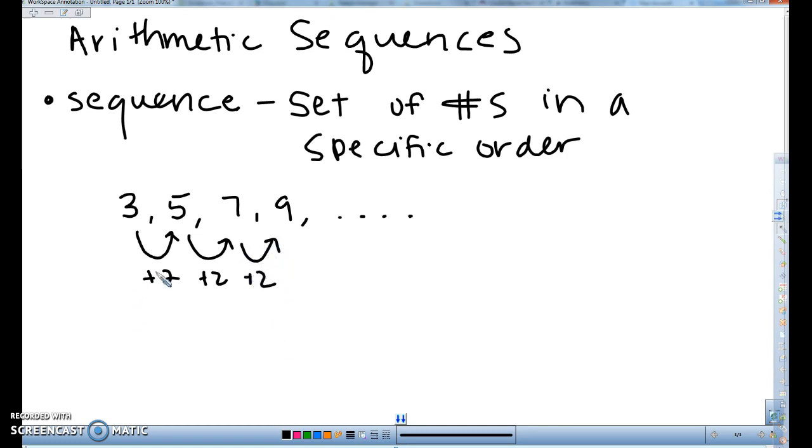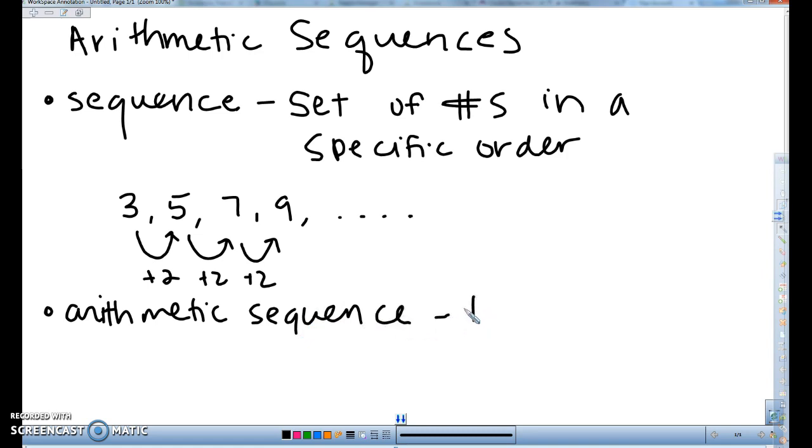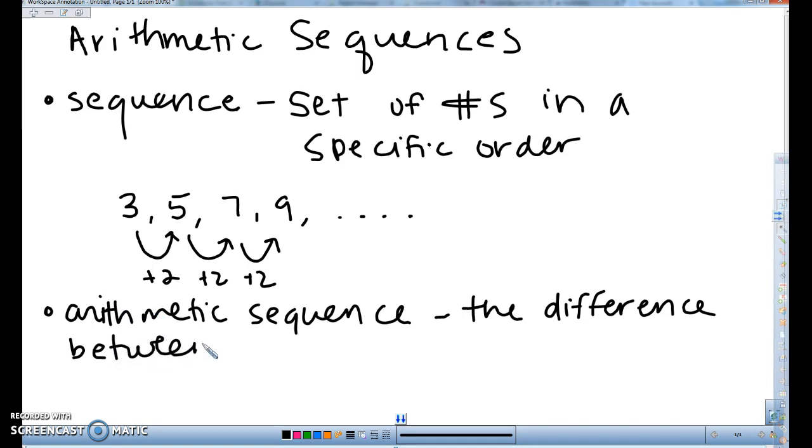Okay? And because I'm adding or subtracting, really, because those are inverse operations of each other, this is called an arithmetic sequence. Meaning that the difference between the terms is the same.